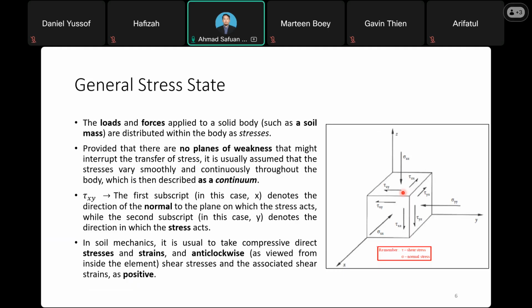So we have the x-axis, y-axis, and also the z-axis. The normal stress will be acting at 90 degrees to this area, and the shear stress will be acting parallel to this area.